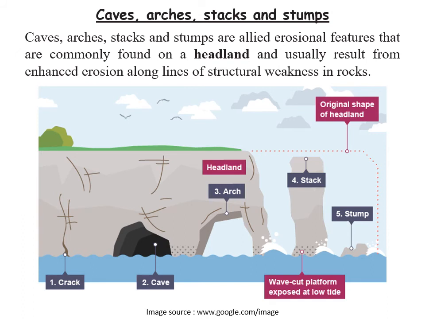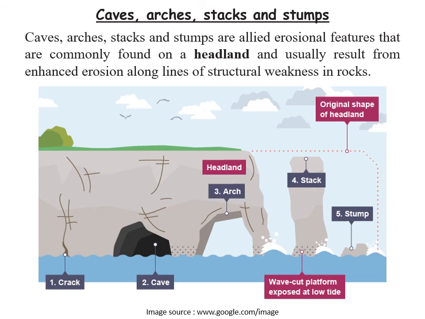So more and more surface area is exposed along these fractures, so wave activity is more pronounced in these fractures or joints. Now, with pronounced wave activity in those cracks, gradually these cracks become widened, and it forms these kinds of caves, these kinds of hollow openings.